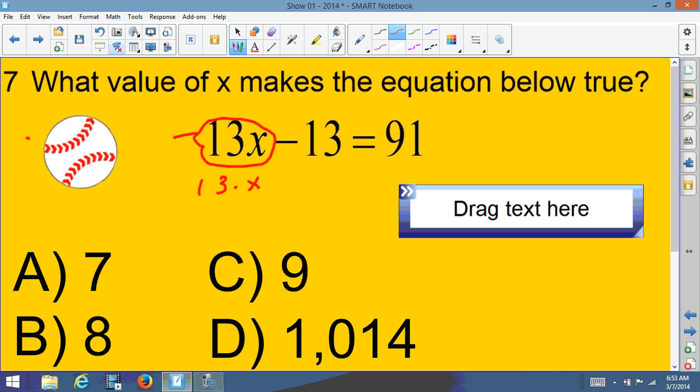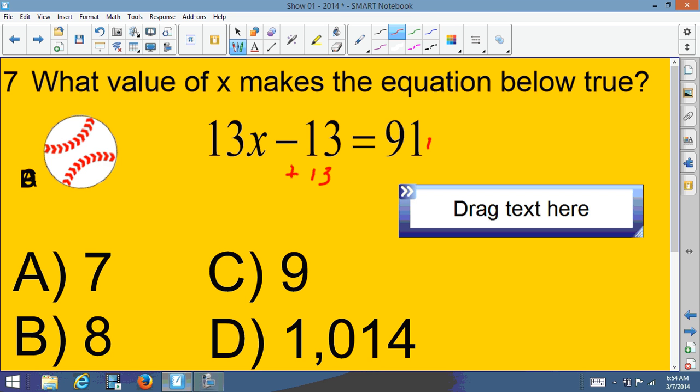But what I'm going to do is clear the ink. Let's start by adding the opposite of the minus 13 to both sides.